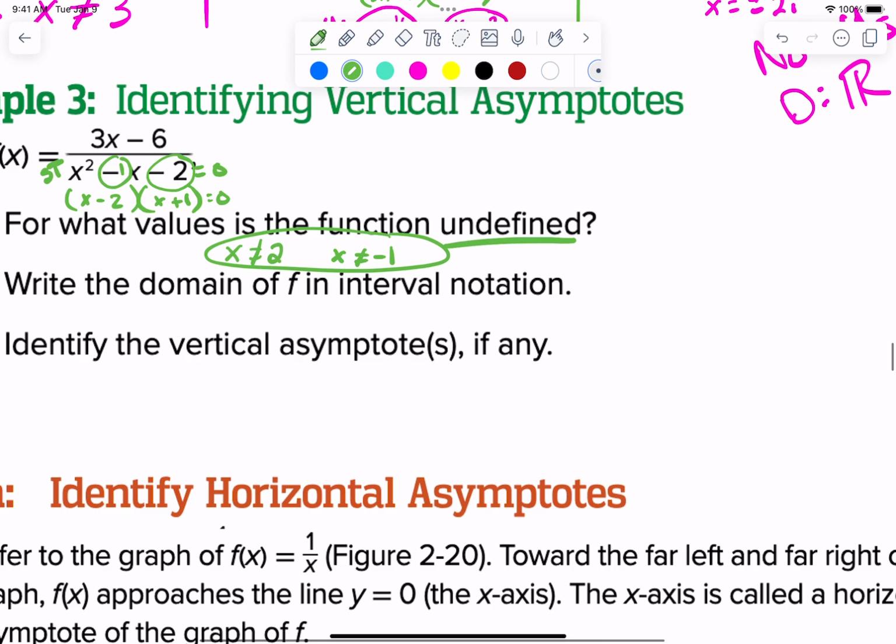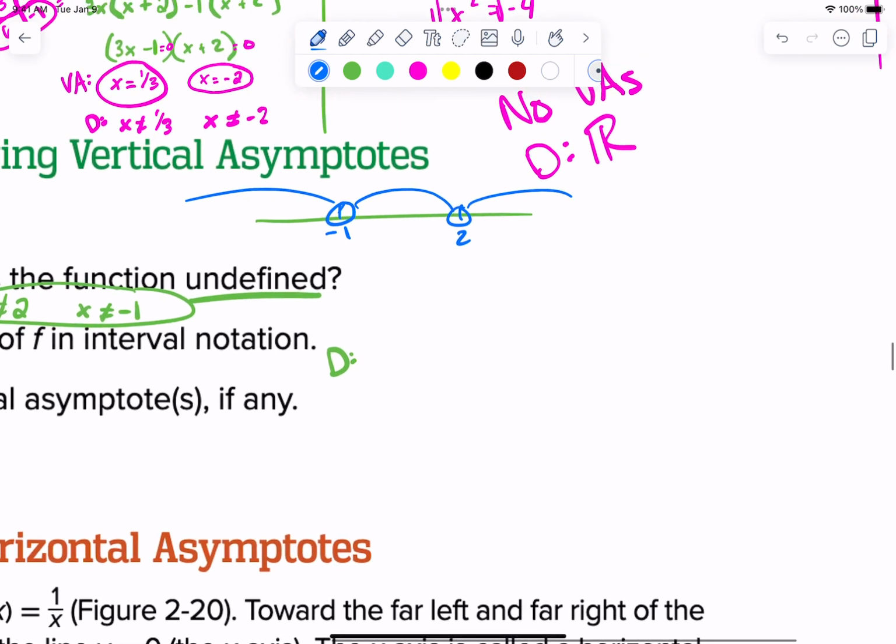Do you remember interval notation? No, we don't like it. So if I do a number line, I can touch everything except -1 and +2, where I have open circles. So I have this thing going on, right? You can touch everything except -1 and 2. Parentheses and unions. So we have unions because we have three chunks.